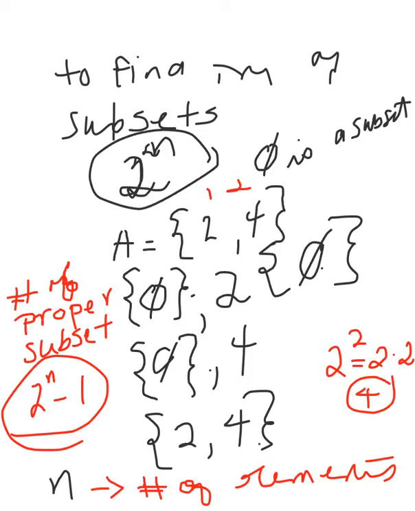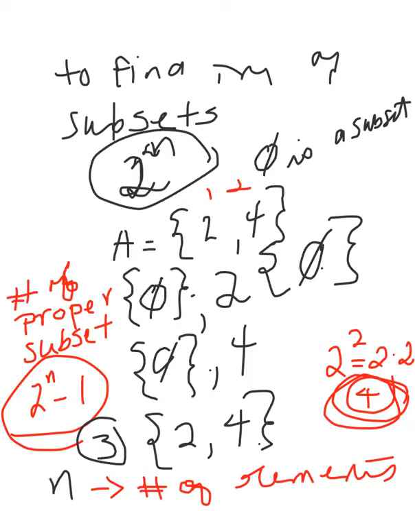In the case of this example right here, there's a total of 4 subsets. So if we ask for the number of proper subsets, this one would only contain how many? Just 3, because it's 2 to the n minus 1. 2 to the n was 4, so if you subtract 1 from that, that leaves you with 3, guys.